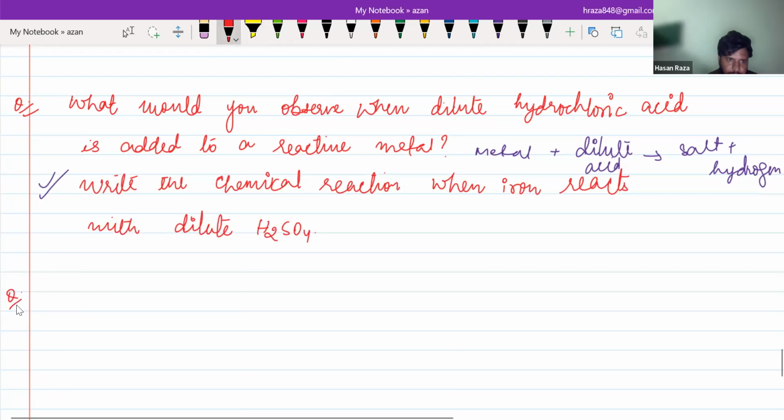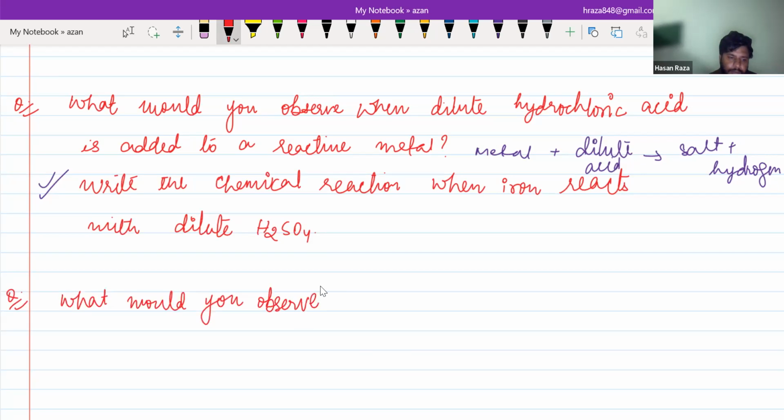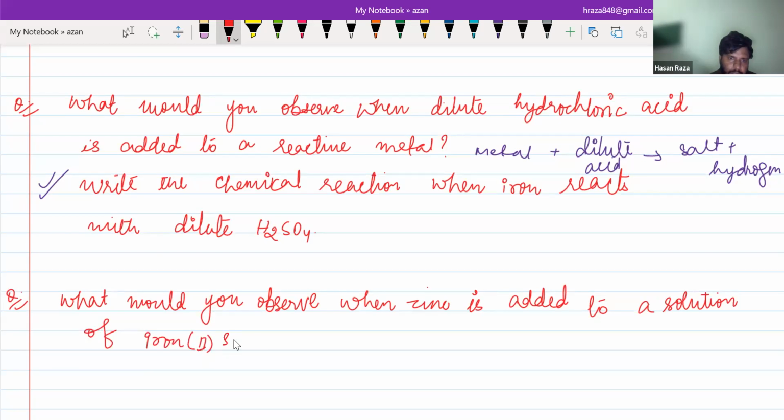Now the next question is completely based on the reactivity series. What would you observe when zinc is added to a solution of iron(II) sulfate?